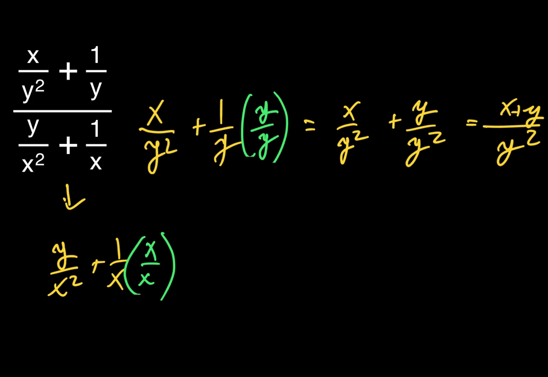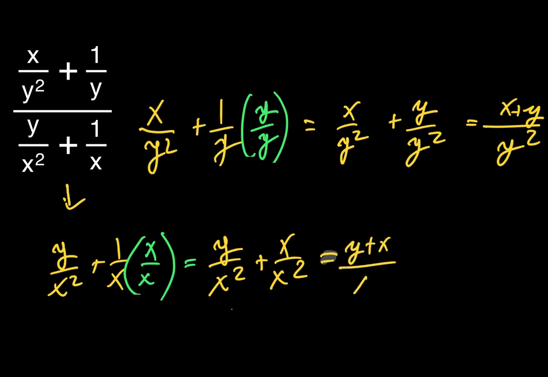So then I would have y over x squared plus x over x squared. Because again, it's just x times 1, just like up here is y times 1. That's how I got the y. X times 1 is x. X times x is x squared. X over x squared. Now I have same denominators. Now I can add. Equals y plus x over x squared.